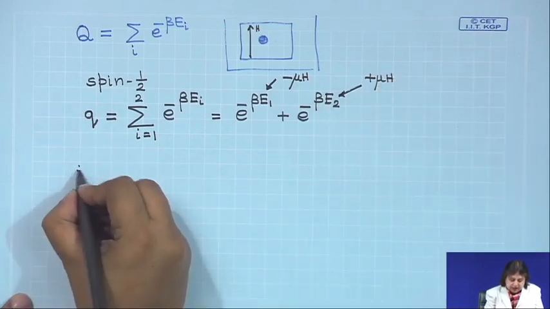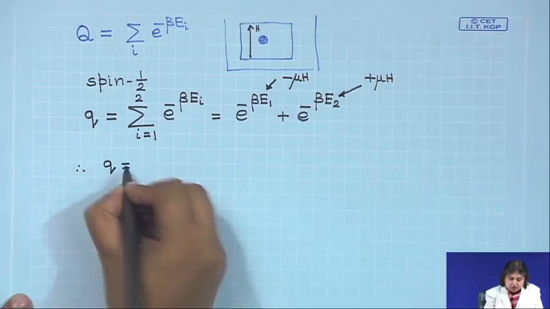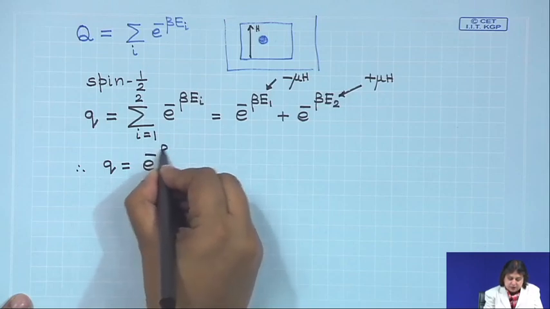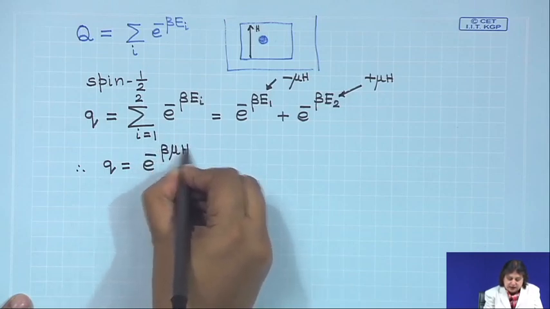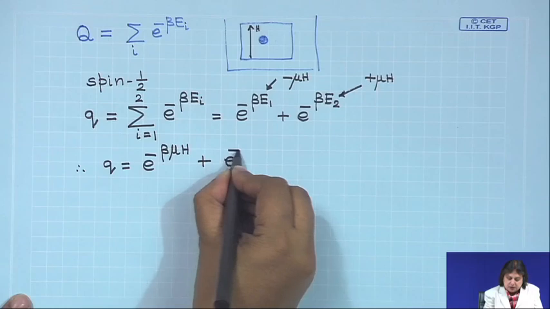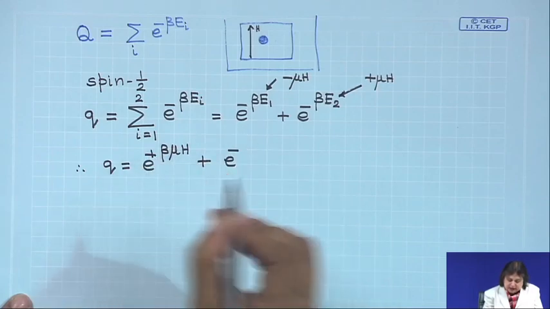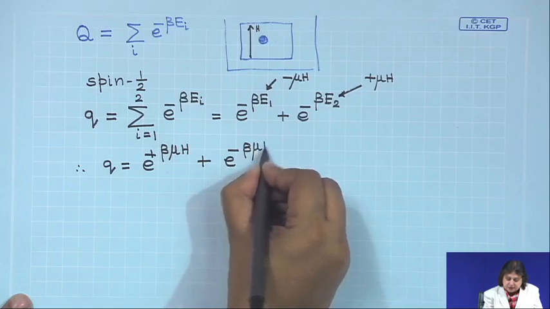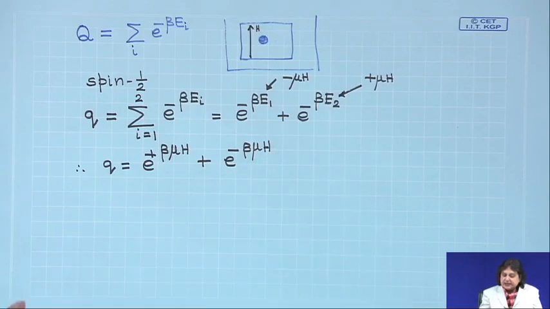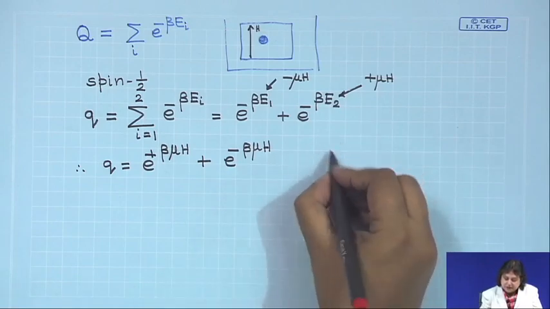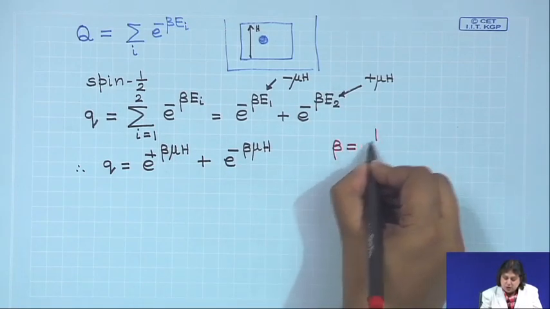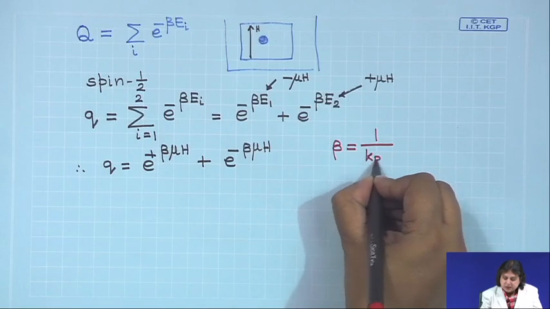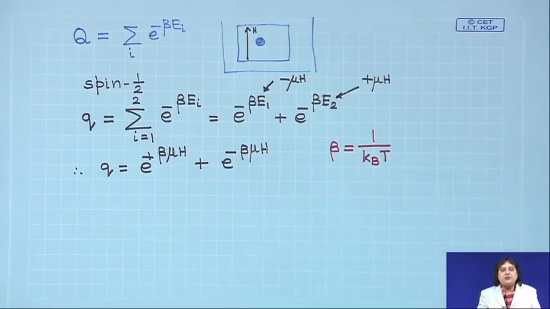Therefore, I can very easily write down that small q is equal to e to the power of plus beta mu h plus e to the power of minus beta mu h. As discussed in the last class, I am using the notation that beta is equal to 1 by the Boltzmann constant multiplied by the temperature in the absolute scale.